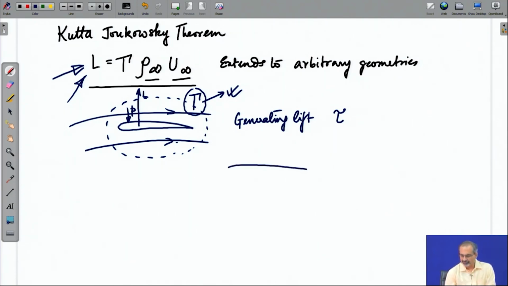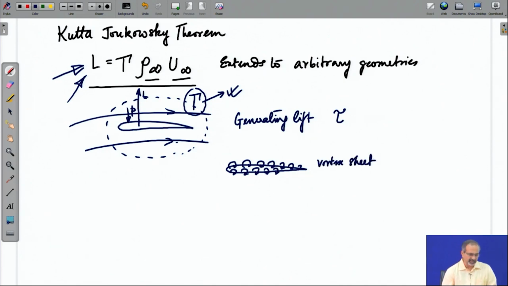Now, we can conceive gamma as a single vortex placed at some convenient point on the airfoil, or in the form of a discrete set of vortices which are distributed along the surface of the airfoil in the form of a vortex sheet.